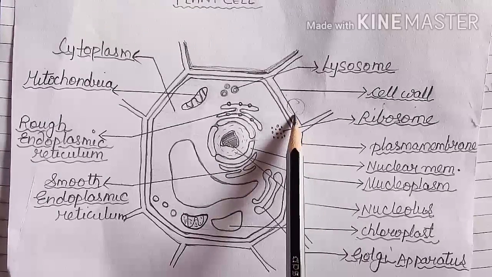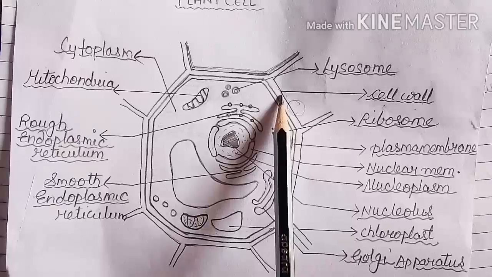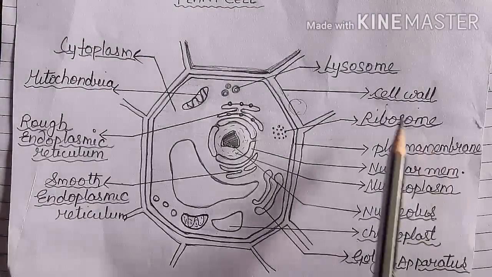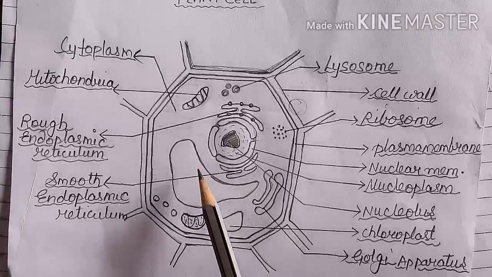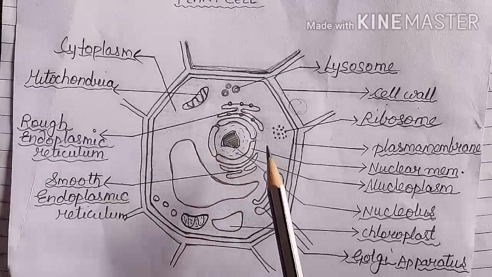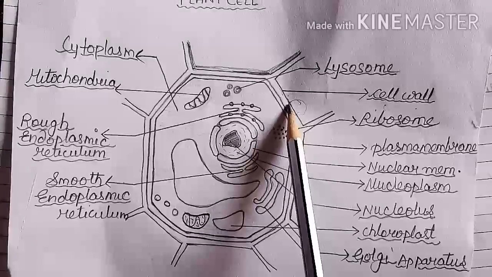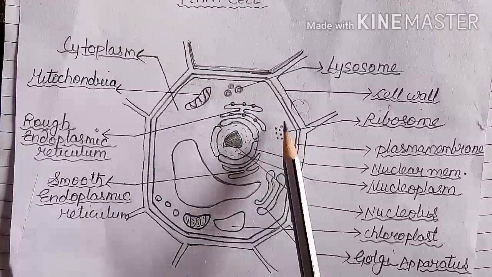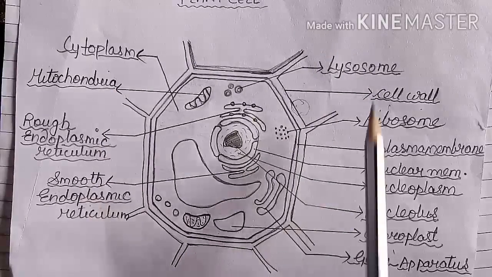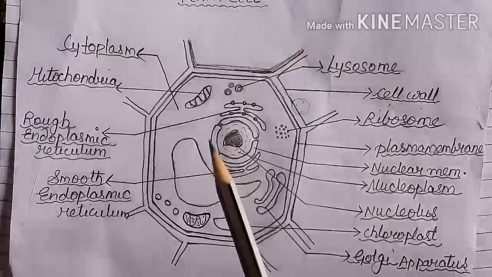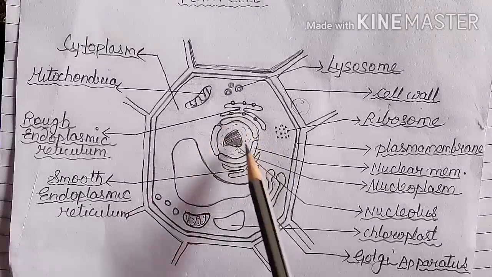As it is the outer layer, it is a barrier between the external environment, which is outside the cell, and the interior cellular components. This is the layer which separates the cell from the environment.